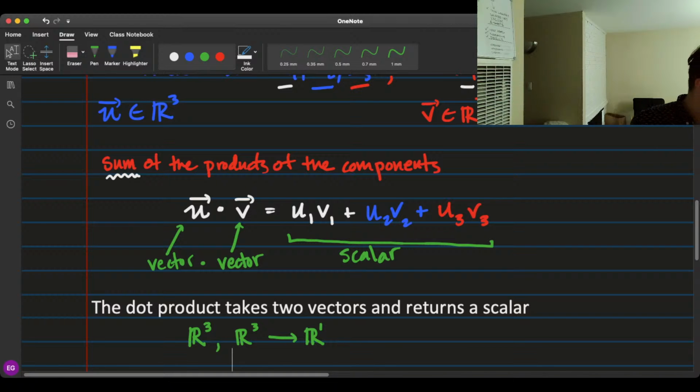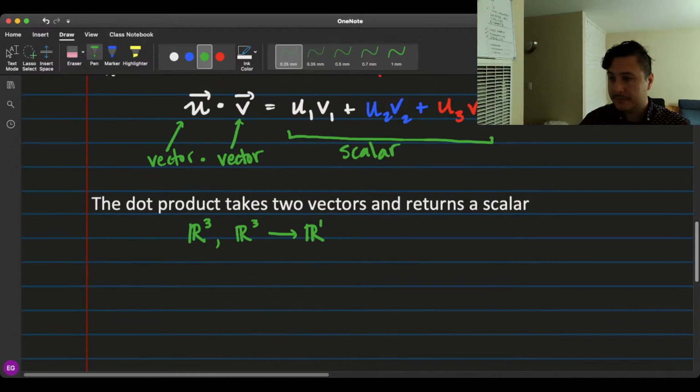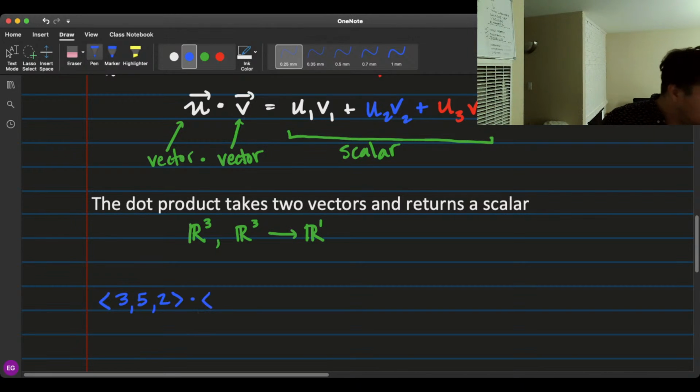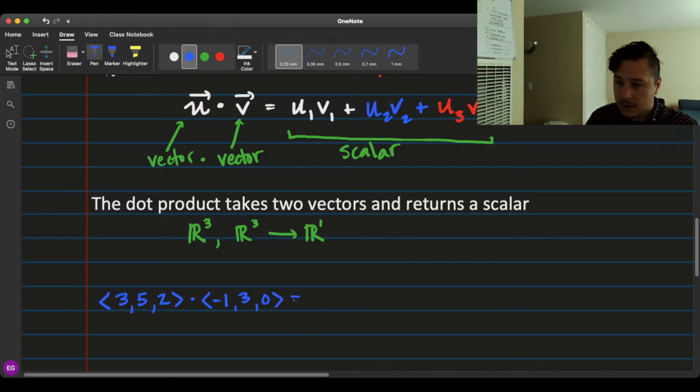So let's do an example. Let's say that you've got the vector 3, 5, 2, and you're dotting it with -1, 3, 0. Okay, you're dotting it, so you do component-wise. You do 3 times -1 plus 5 times 3 plus 2 times 0.